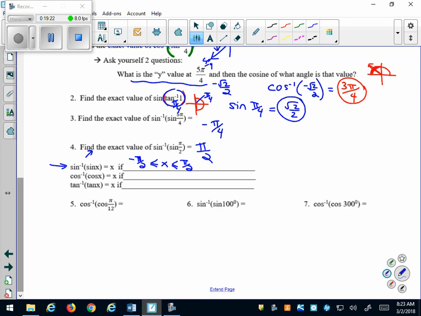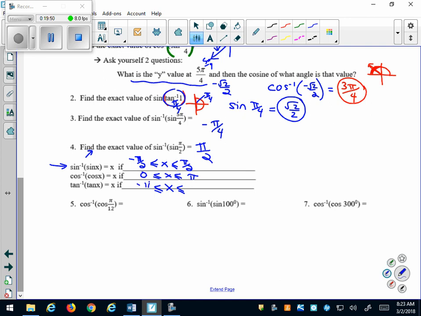The cosines will undo each other if it's in the restricted domain of cosine. What is the restricted domain of cosine? 0 to pi, right. And the tangents will undo each other if the input is between the restricted quadrants of tangent.